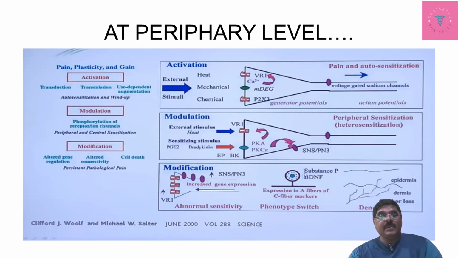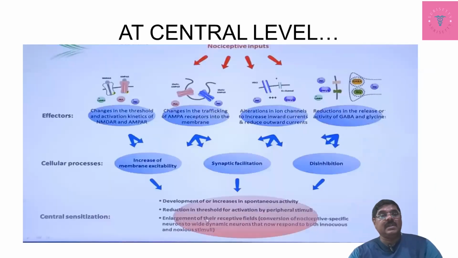So let's see what happens at the central level. At the central level, there are changes in the threshold and activation kinetics of NMDA and AMPA, changes in the trafficking of AMPA receptors into the membrane, and alteration in ion channels to increase inward currents and reduce outward currents, and reduction in the release and activity of GABA and glycine, the inhibitory mediators.